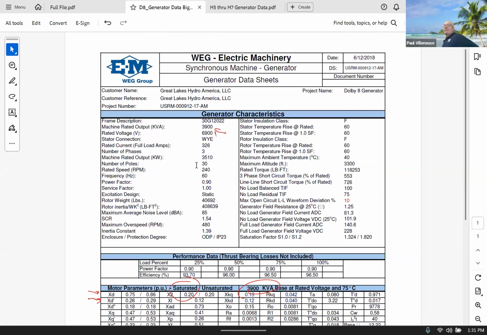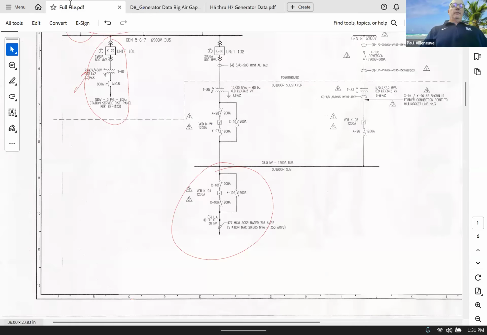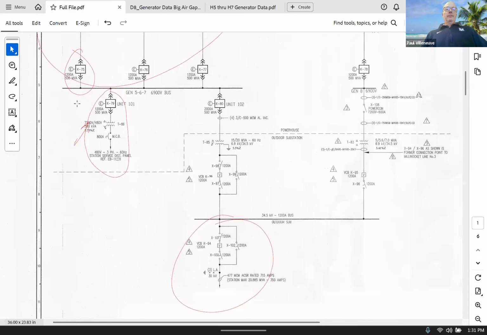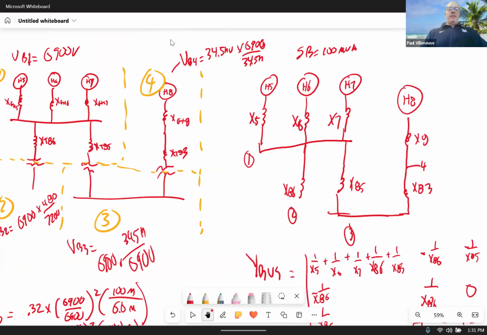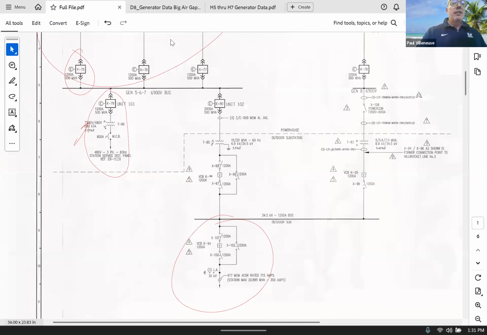Yes, sir. Where did you go back to where you calculated for the transformers? How do you find the 0.0575? It's right on the diagram. If you look here, it says 5.75%.